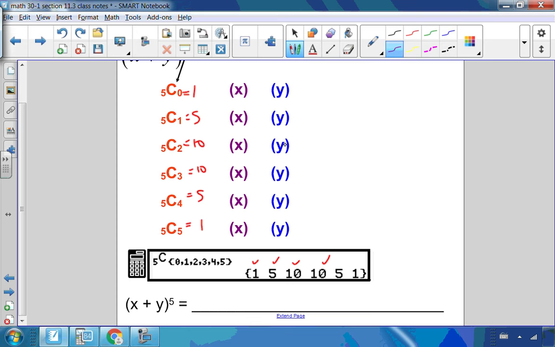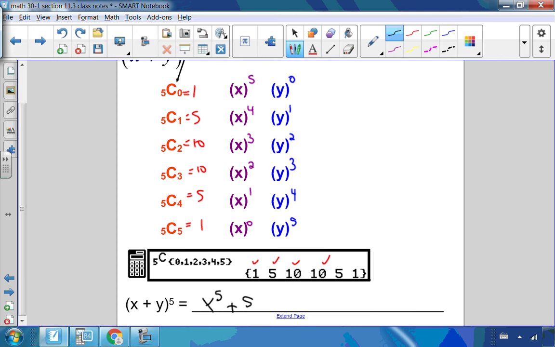So x being my first term, I start at my exponent of 5 and I decrease by 1 until I have an exponent of 0. For y, I start at 0 and I increase by 1 until I reach my exponent of 5. Okay, so I can put all of those together with the expansion. So 1 times x exponent 5, y exponent 0 is just x exponent 5.